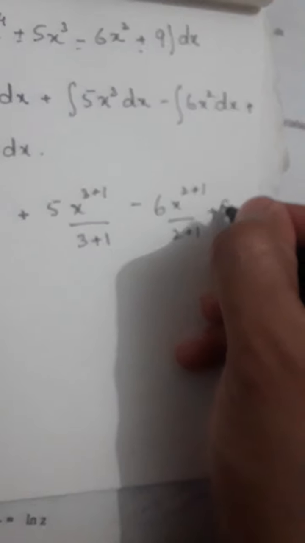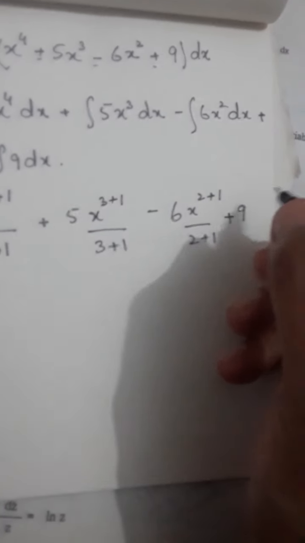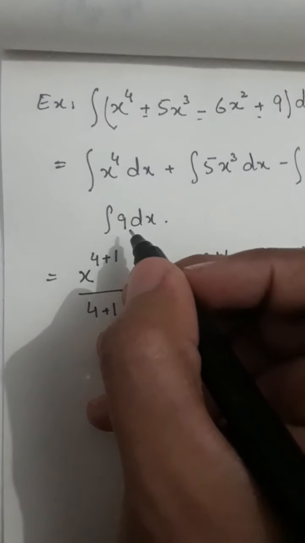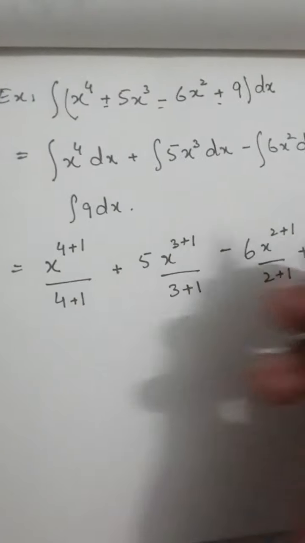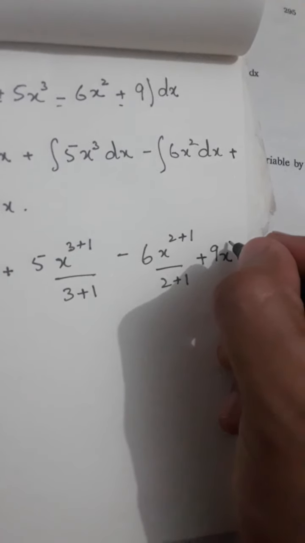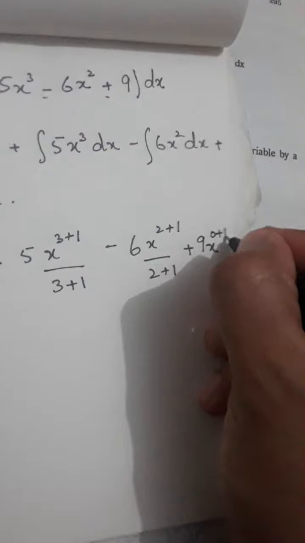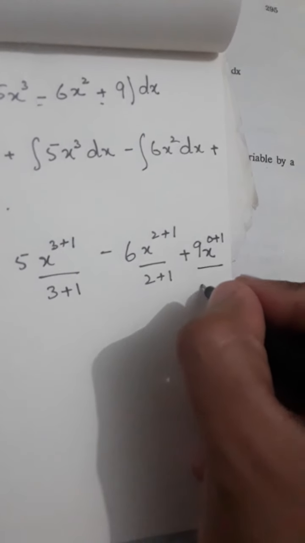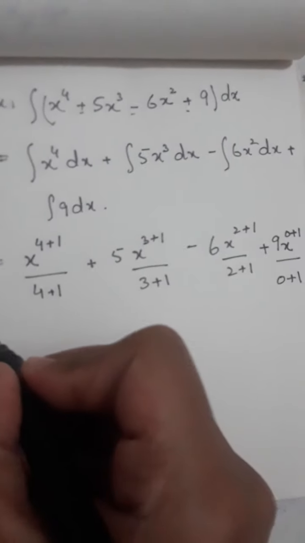And plus 9 is a coefficient or constant, I'll write it as such. And with x, now here you can't see anything like x, so what is it actually? The thing is that there was an x there, but its exponent was 0, so it will be 0 plus 1 divided by 0 plus 1, and you know that anything raised to the power 0 is equal to 1.